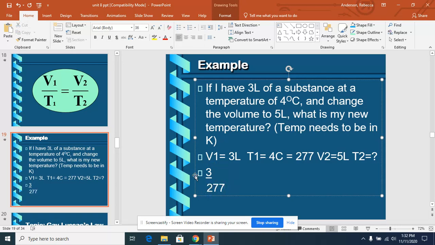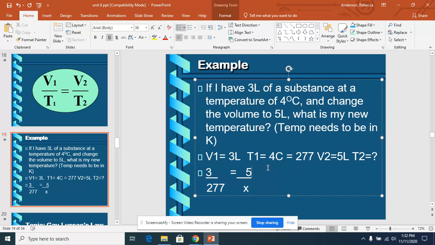We use the Kelvin, equals our V2, which is 5, divided by our T2, which is what we're looking for.